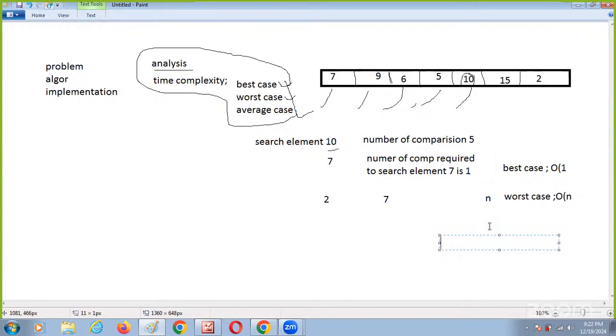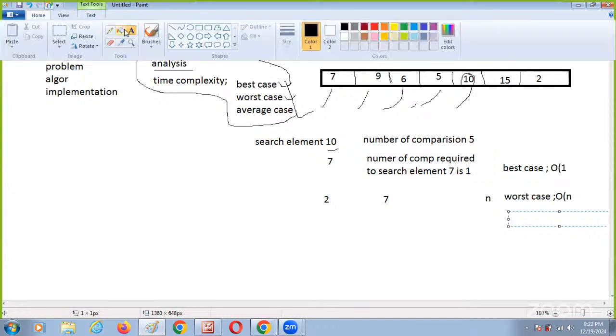So an average case may be anything in the middle, like 9, 6 or 5. But the best case is finding only the first element, and the worst case is the last element, or maybe the element you are searching for is not there in the list at all. At that time also, it is taking order of n.